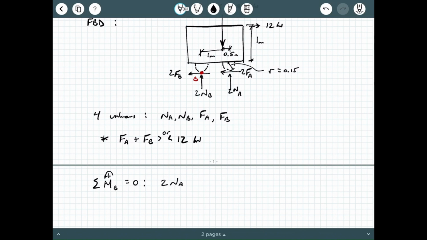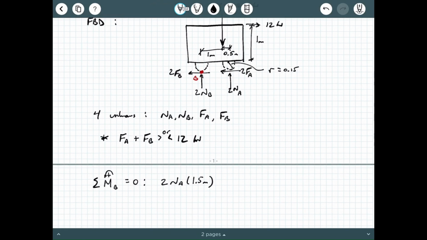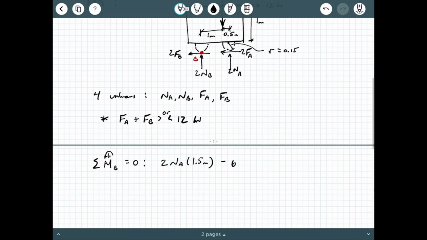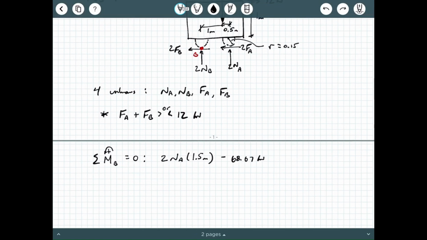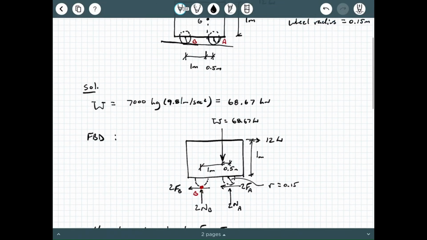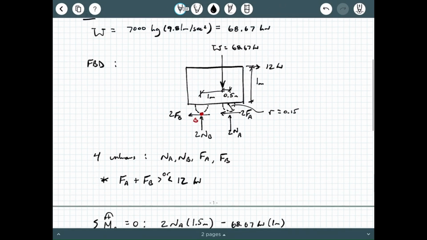So guess what I can say? I can say 2NA times the distance in between those wheels, which is 1.5 meters, okay? And then what about that weight? I can say minus 68.67 kilonewtons times its perpendicular distance to point B, which is 1 meter, right?